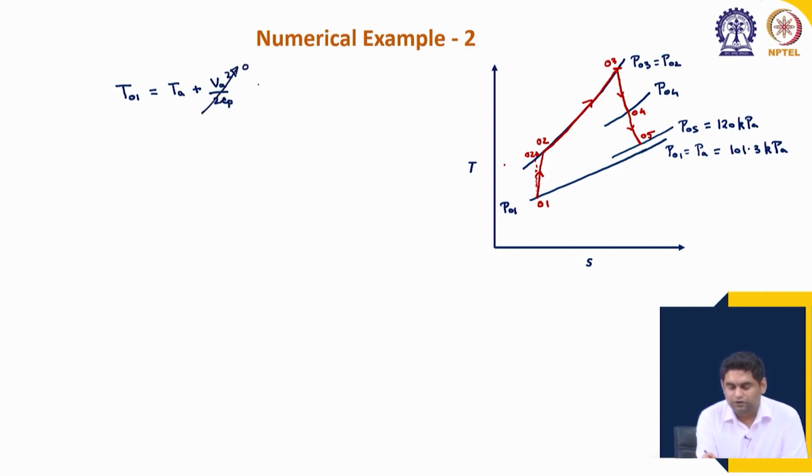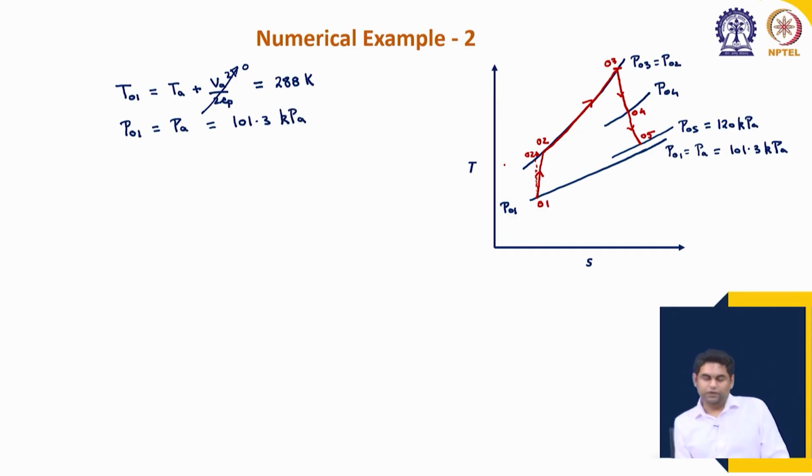So, this is equal to Ta, which is given as 288 Kelvin. Therefore, the pressure also, because static and stagnation states are same, these are also equal. P01 is equal to Pa equal to 101.3 kPa. So, state 1 is fixed.